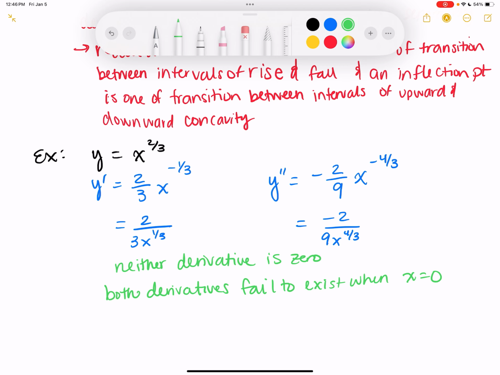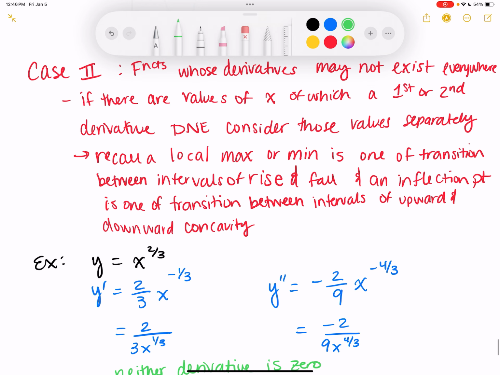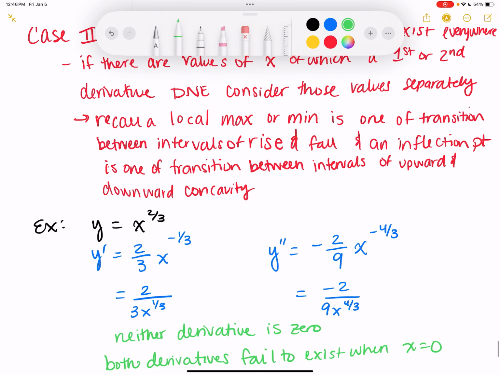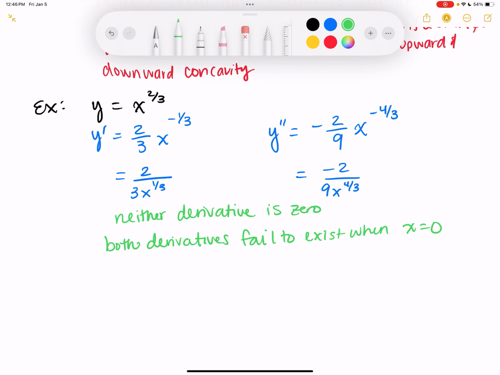Now, if there are values of x at which a first or second derivative does not exist, we need to consider those values separately. So now we're going to look at what happens as x increases through 0. If we start negative and go positive, what happens? If I put in, let's say, negative 1, what do we notice?